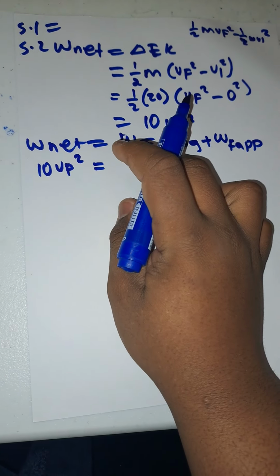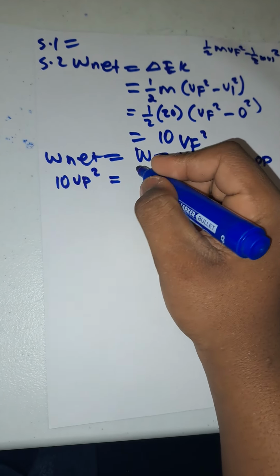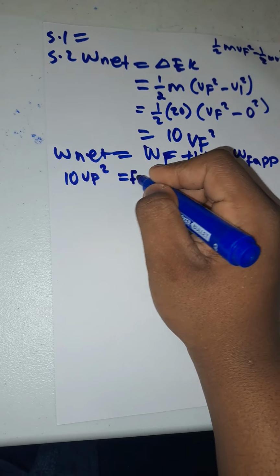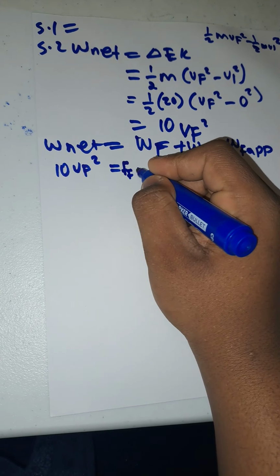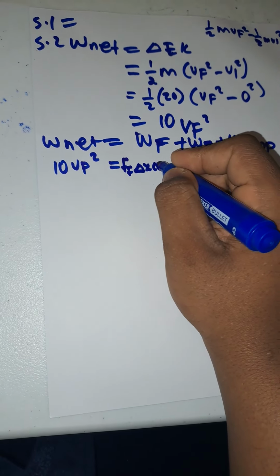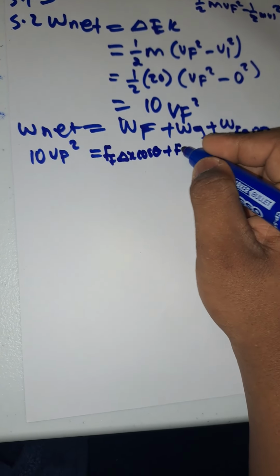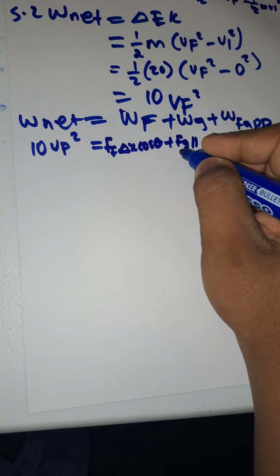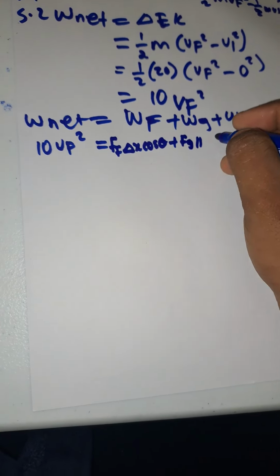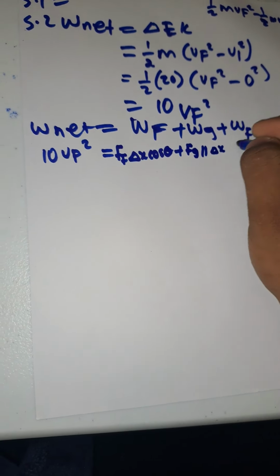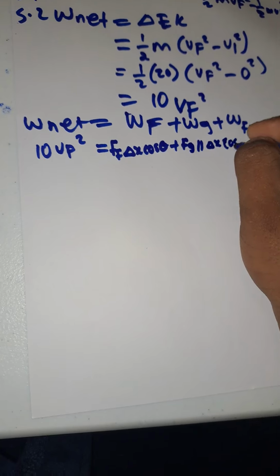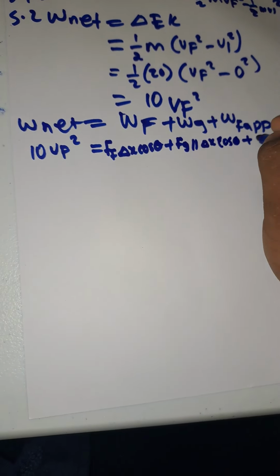So under work done by friction, we are simply going to write F frictional force delta x cos theta, plus FG parallel, which is the same as mg sin theta, delta x cos theta, plus F applied delta x cos theta.